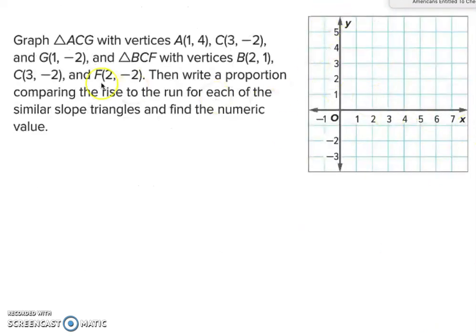Alright, our next problem, graphing ACG with the vertices 1, 4, 3, negative 2, and 1, negative 2. Try and make these the, oh gosh. If only I had a ruler.